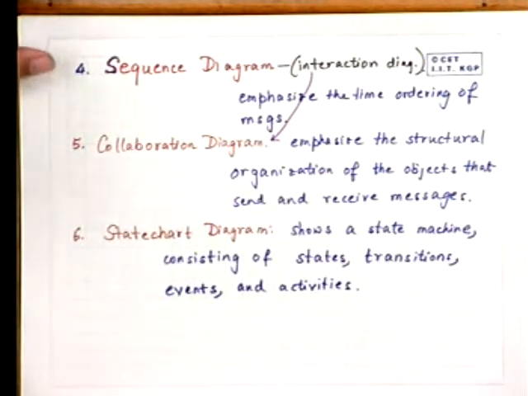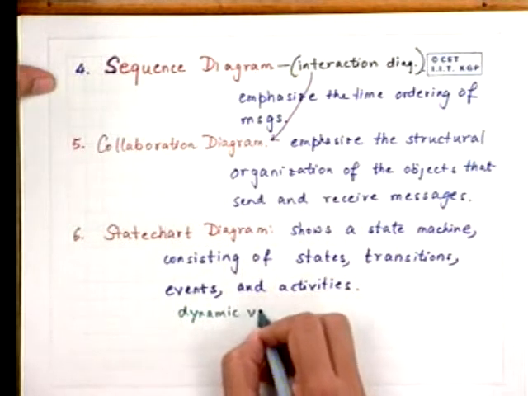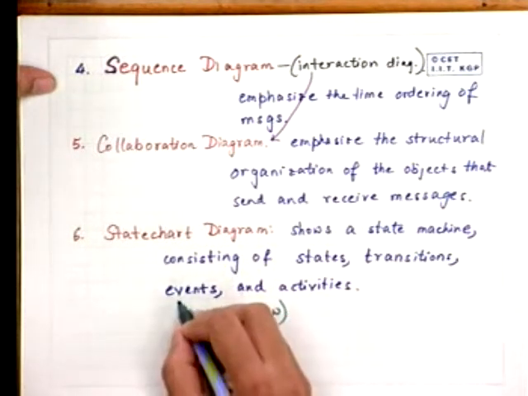State chart diagrams model the dynamic view of the system. And they're important in modeling interface behavior, class, or collaboration. They emphasize the event-ordered view of an object.